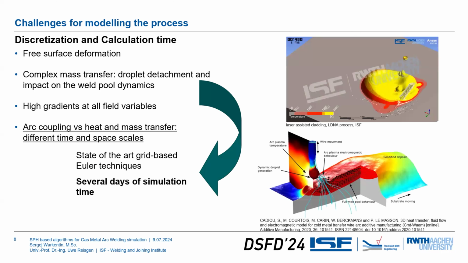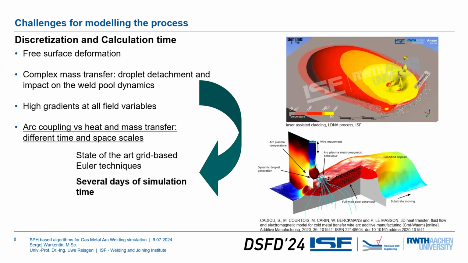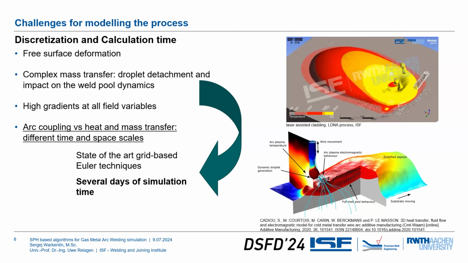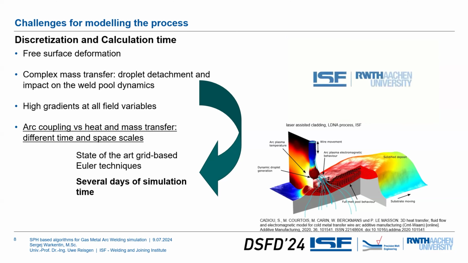Here I have an example of a laser-assisted cladding process that we have calculated, and here we did not include the arc. So the droplets are just a material input. The arc is included as a heat source on the surfaces.